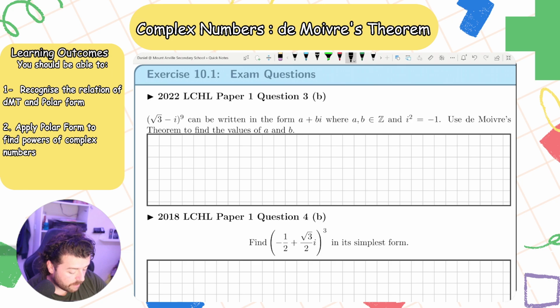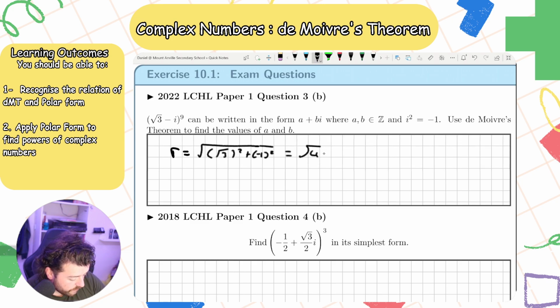So this needs to be written in polar form first. My modulus is equal to the square root of root 3 squared plus minus 1 squared, which will be equal to root 4, which is equal to 2. Then my argument is going to be in the fourth quadrant.